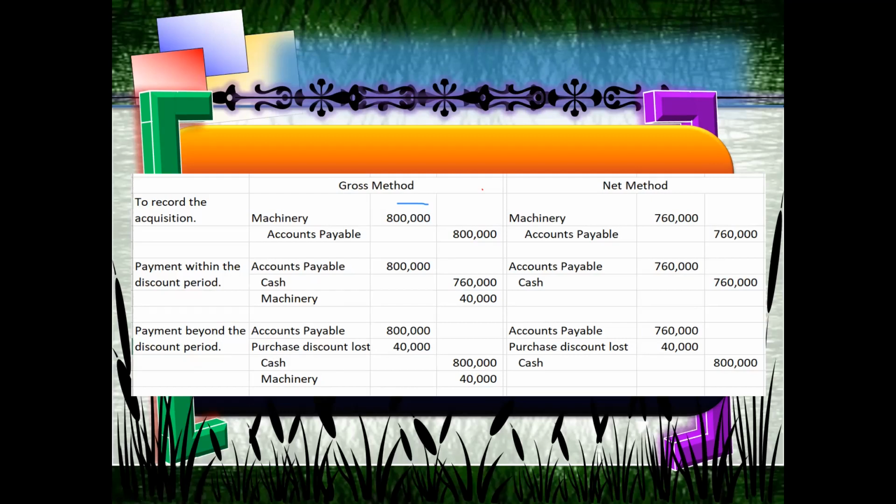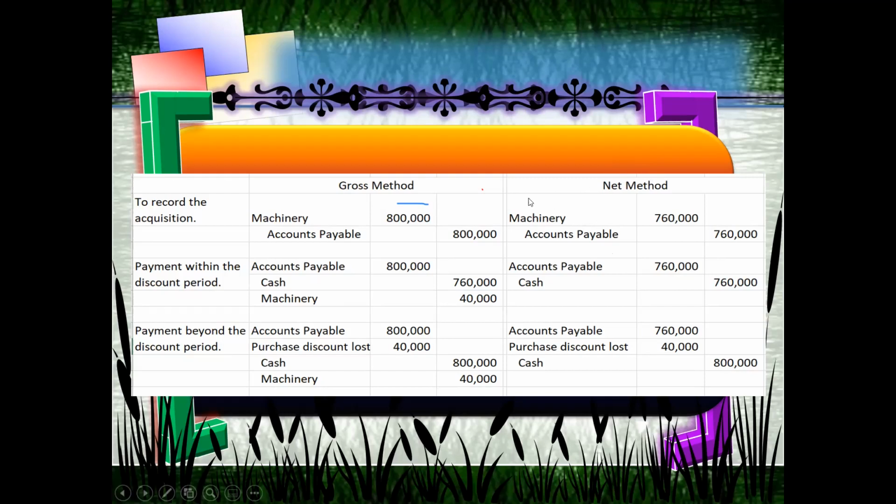So whether inavail mo yung discount or hindi, still the cost of your machine will be reduced by your cash discount, which was not availed or inavail man siya.